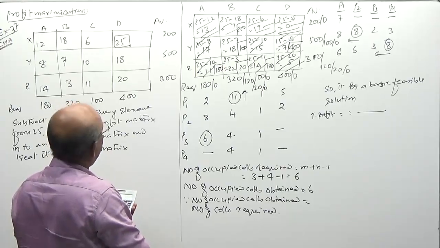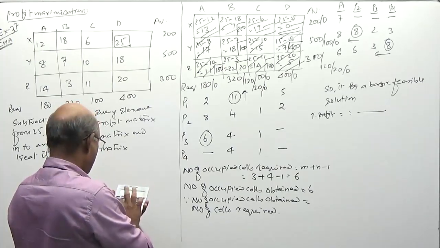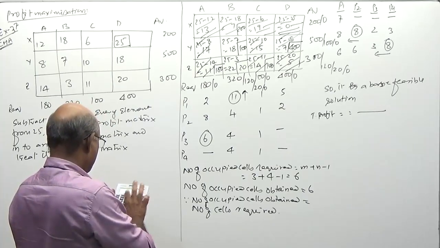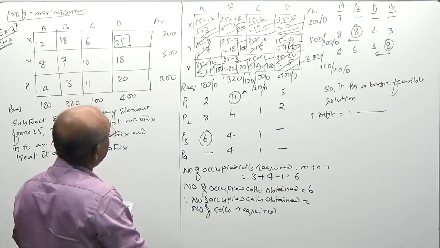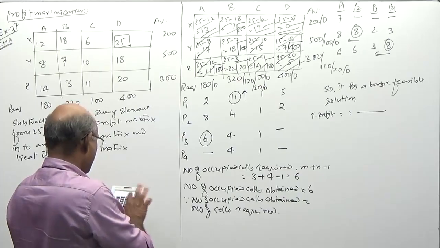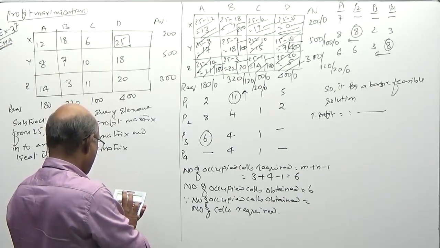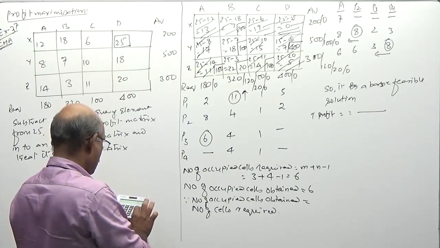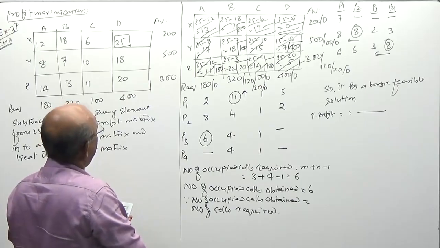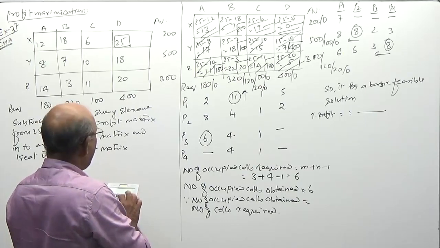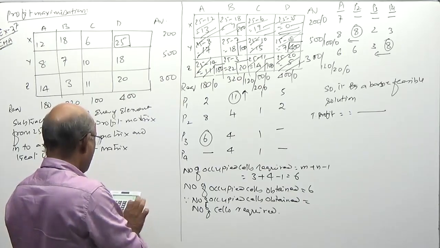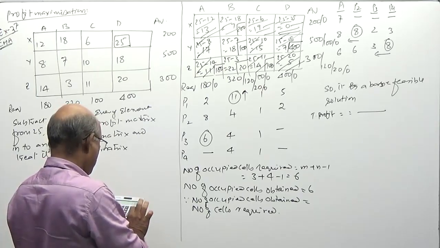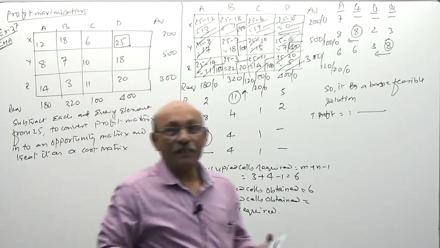Next, 7 into 100 is equal to memory plus. 18 into 400 is equal to memory plus. 14 into 180. 3 into 20, memory plus, finally 11 into 100, 15,180.